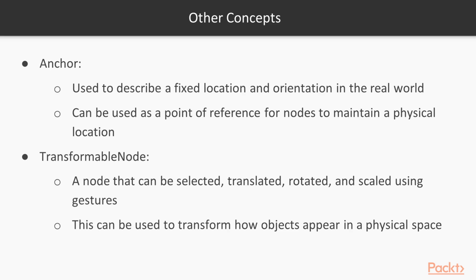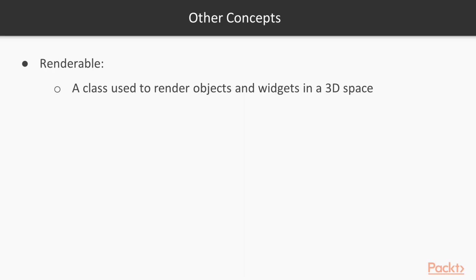To understand a transformable node better, it basically is a node that allows you to manipulate it with gestures, like you can expand and reduce the size and turn it and stuff like that. A renderable is a class used to render objects and widgets in a 3D space. And that's all for now.